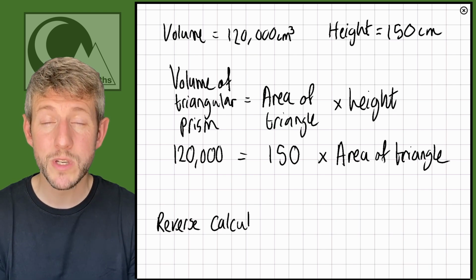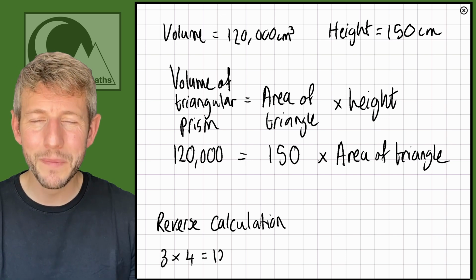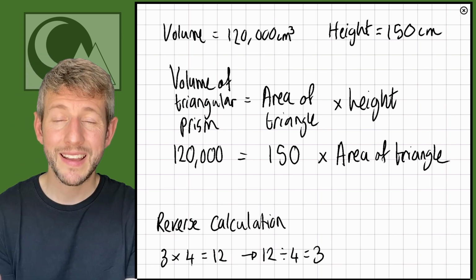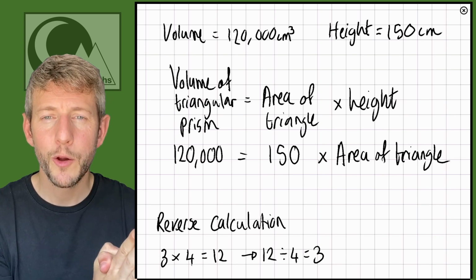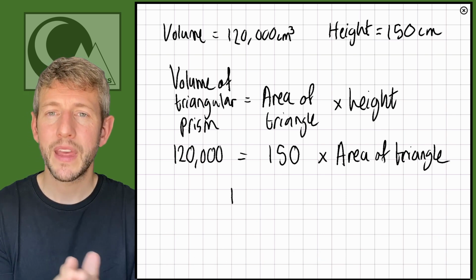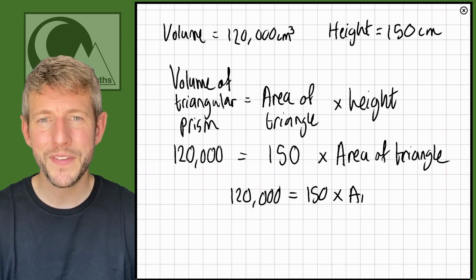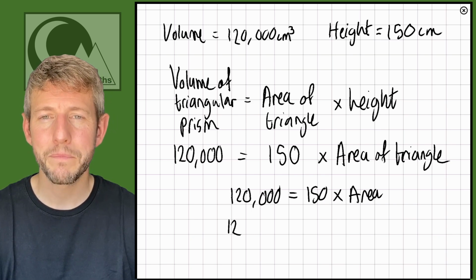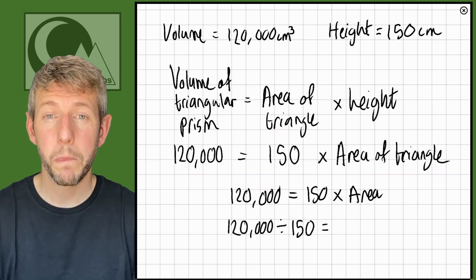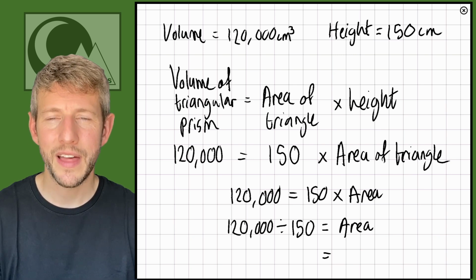If two numbers multiplied together to give one number, then that missing number is equal to the product divided by the other multiplied number. So we know that if 120,000 equals 150 times the area, then 120,000 divided by 150 will give us the area.